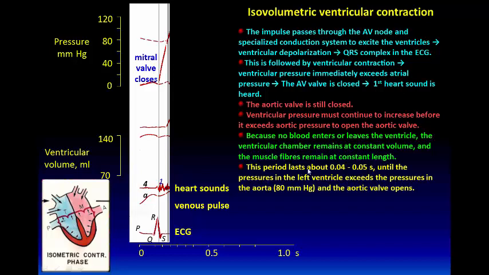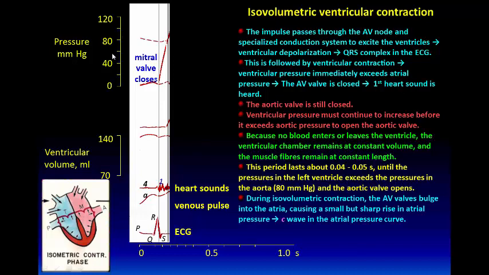So this period lasts for about 0.04 to 0.05 of a second until the pressure in the left ventricle exceeds the pressure in the aorta and the aortic valve opens.